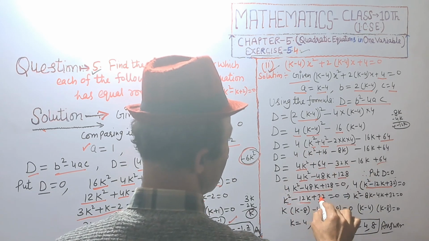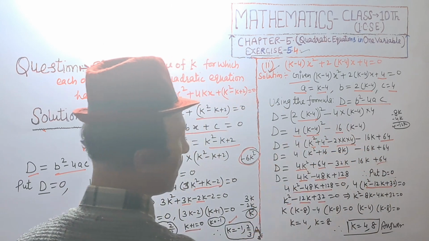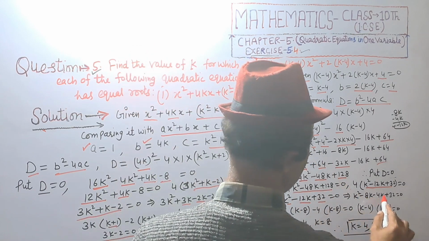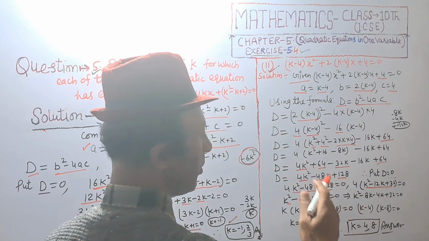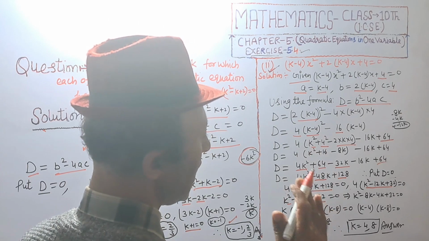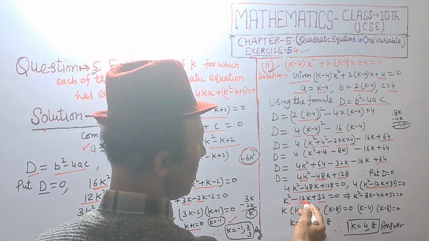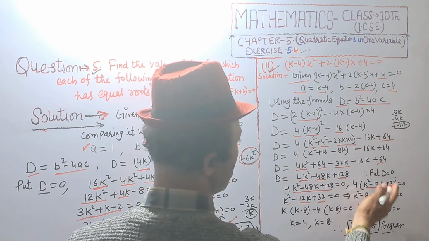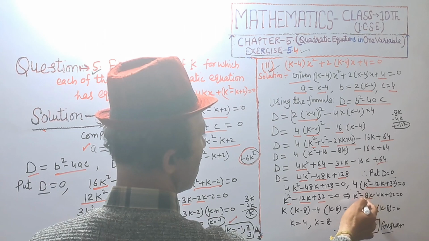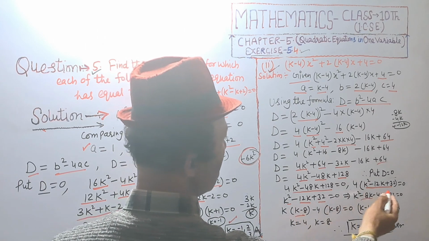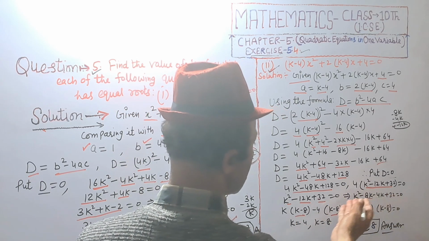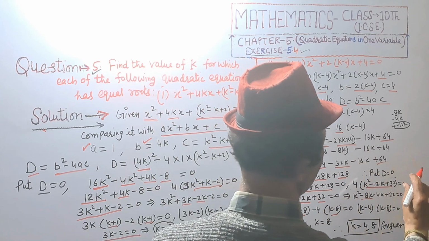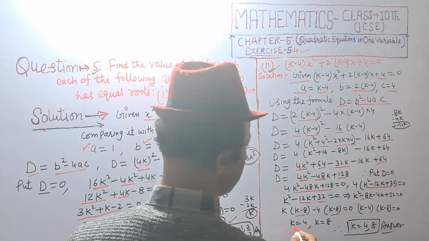The product of first and last is equal to 32k square, and we are taking two numbers, that is minus 8k and minus 4k. The sum of minus 8k and minus 4k is equal to minus 12k, and their product will be 32k square. So we are taking common k, and in the bracket k minus 8, and minus 4 is common. One root k minus 4, other root k minus 8 equal to 0.